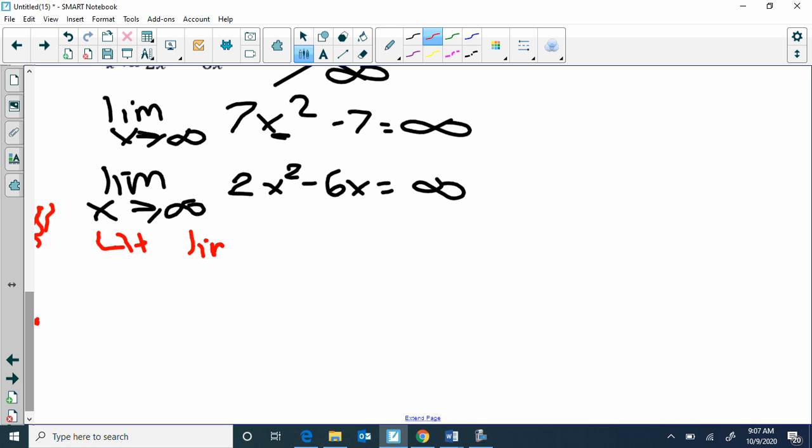I'm going to have limit as x goes to infinity, and then I will take the derivative of my numerator. I will get 14x over the derivative of my denominator, which would be 4x minus 6.